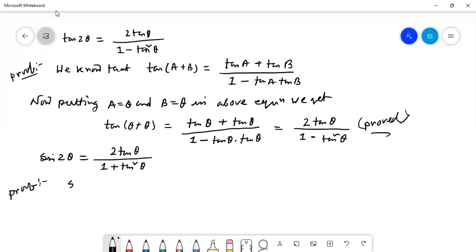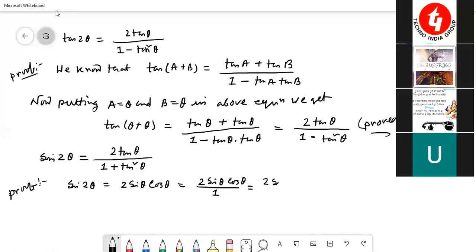We know that sine 2 theta equals 2 sine theta cos theta. Now it can be written as 2 sine theta cos theta by 1. Can you write this? Yes, sir.